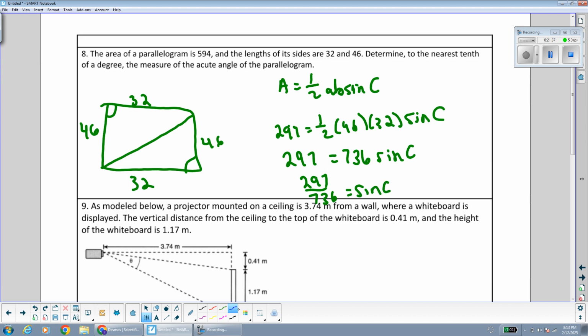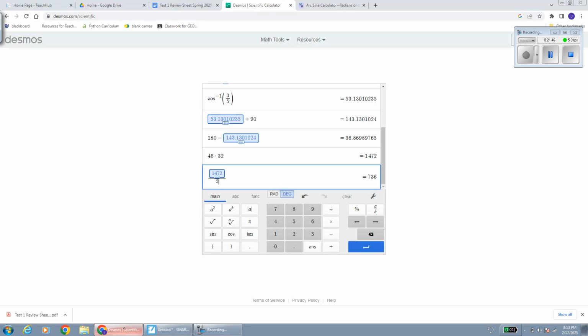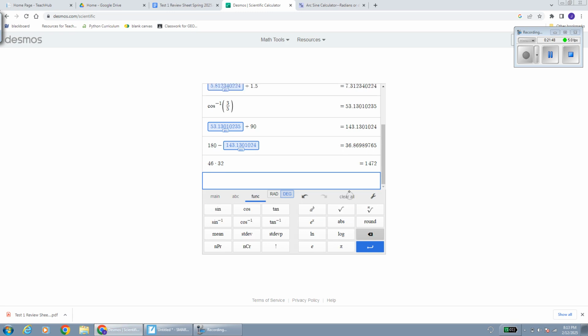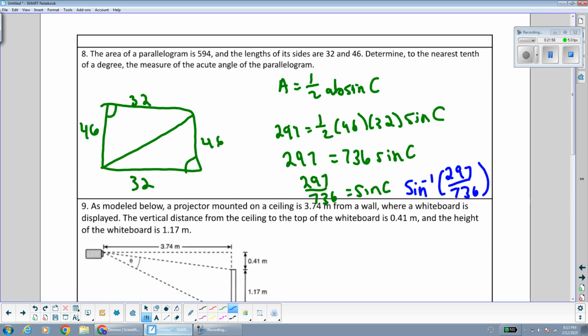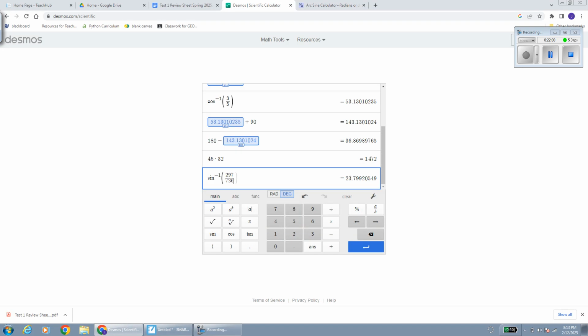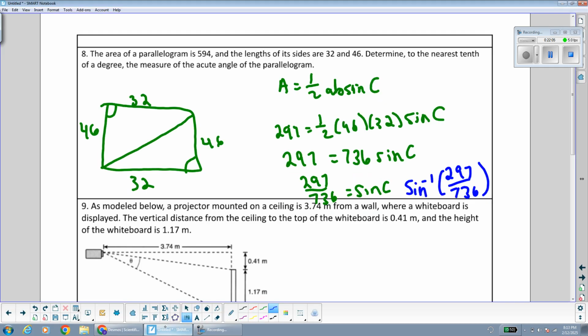To find the angle, we're going to do inverse. And let's see what that is. Make sure to type that in right. Yes. And I got approximately 23.8 degrees.